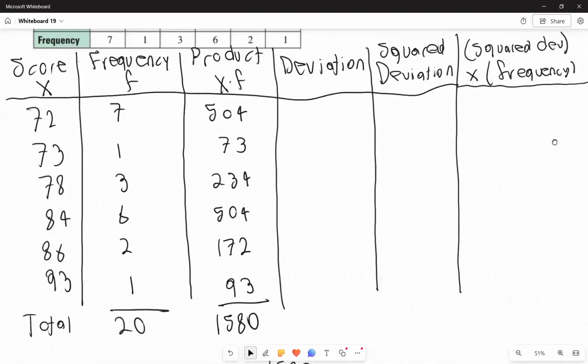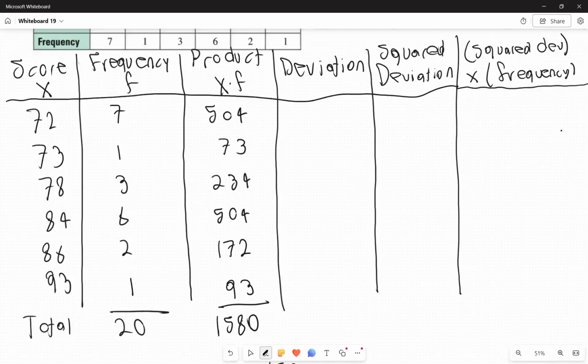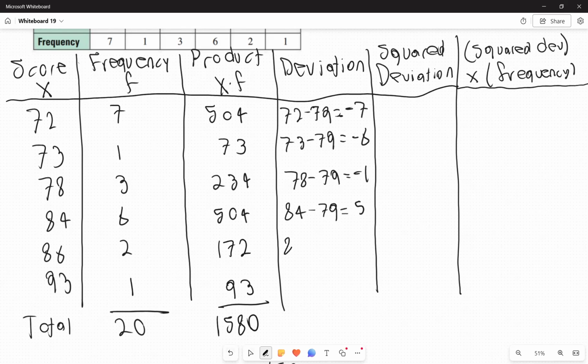We are going to subtract the mean, which is 79, from each score. So 72 minus 79 is -7, 73 minus 79 is -6, 78 minus 79 is -1, 84 minus 79 is 5, 86 minus 79 is 7, and 93 minus 79 is 14.